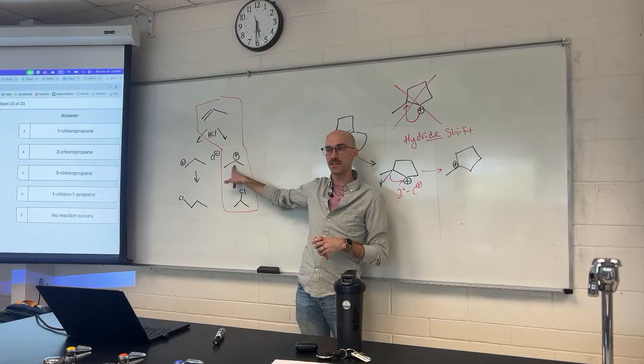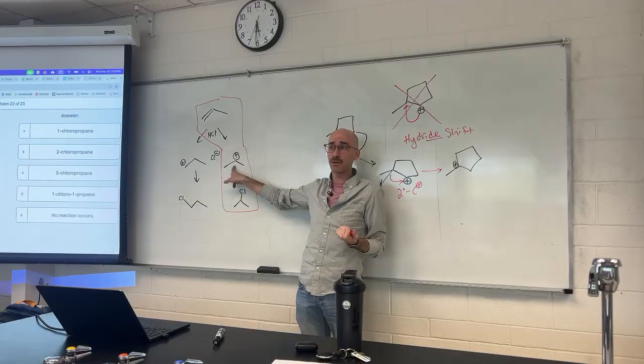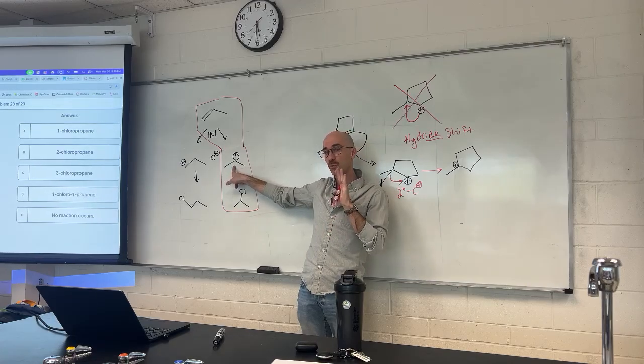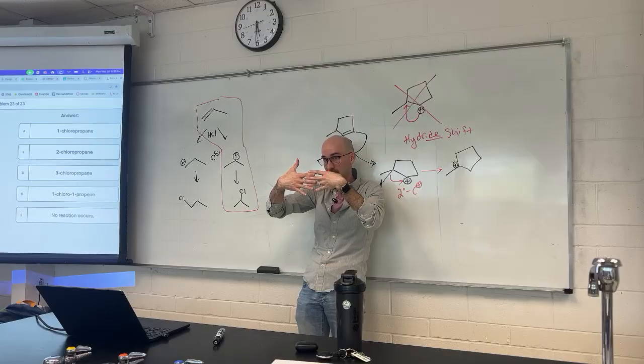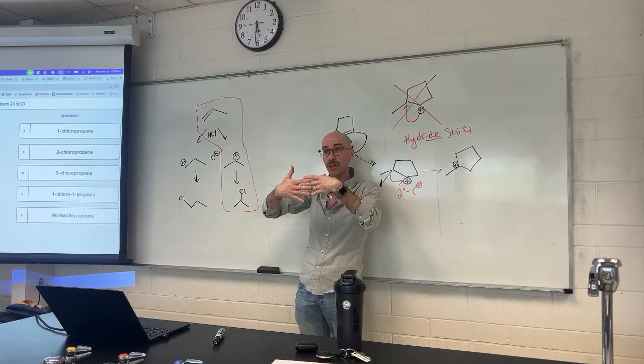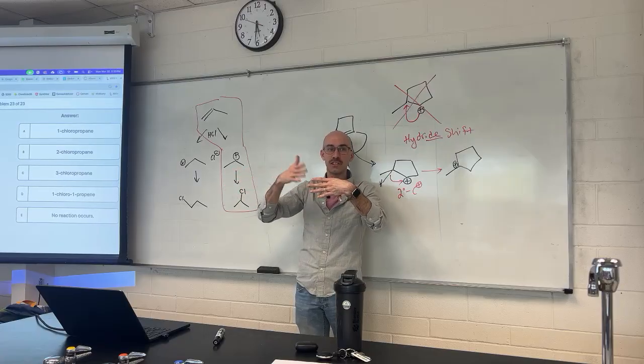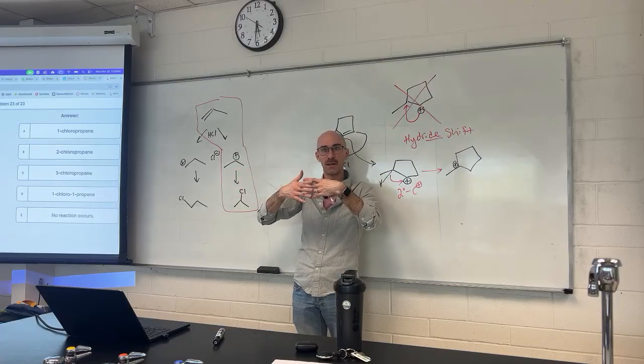Why does that matter? A positive charge is a strong magnet. It's going to pull in anything with a negative charge or even a partial negative. If I can weaken that magnet, if I can shield that magnet, I can make it more likely to form and slower to react, which is part of why it's more likely to form.